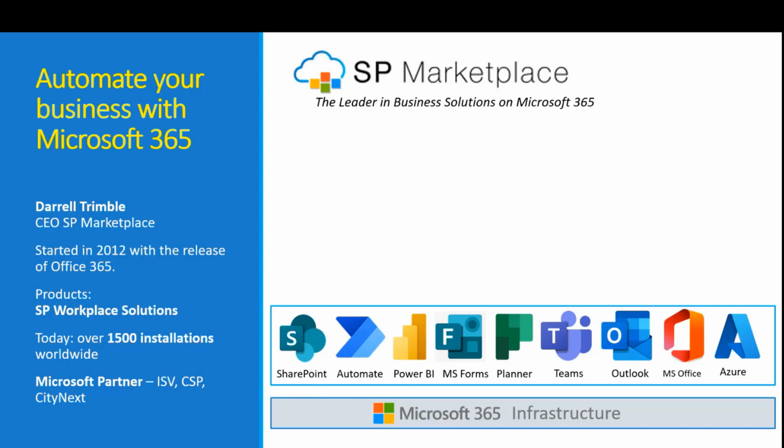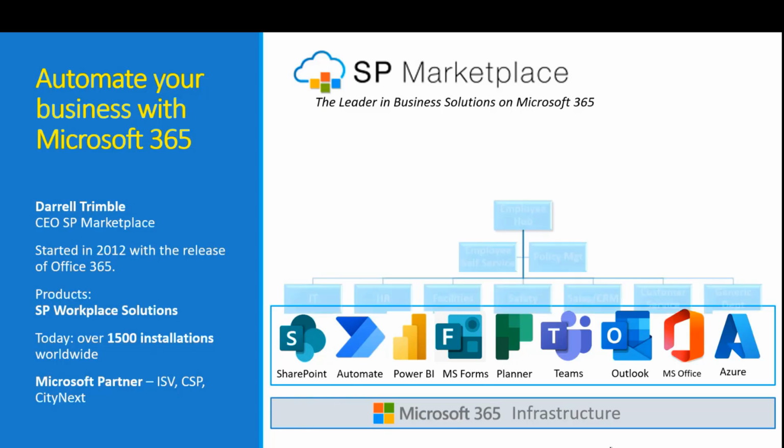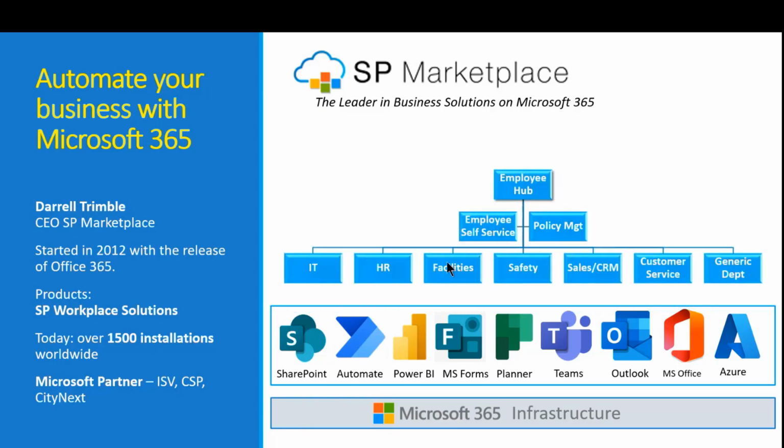So what we've done is develop a set of products called SP Workplace Solutions. They're all part of a suite of products that we have that have been developed on Office 365. And this represents our product set. Today, obviously, we'll be talking about the facilities product and taking a look at what that is and how we leverage Office 365 to bring you that product.